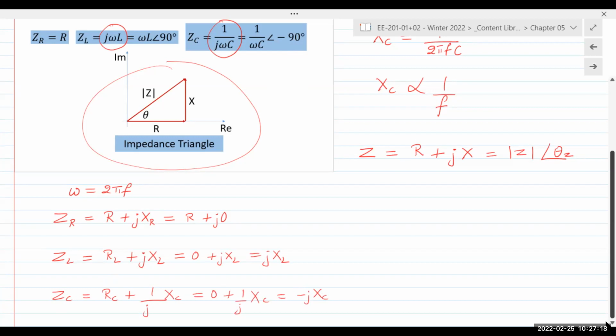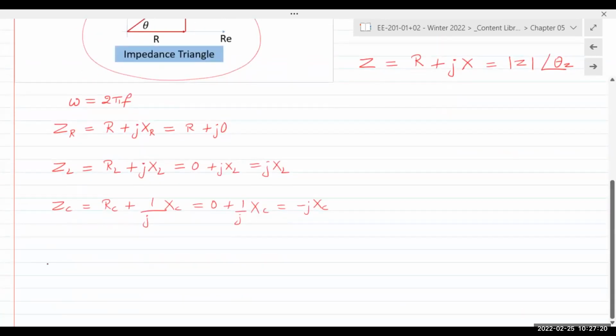So 1 over J can be written as J over J. So it gives J over J square, J over minus 1, and hence minus J.